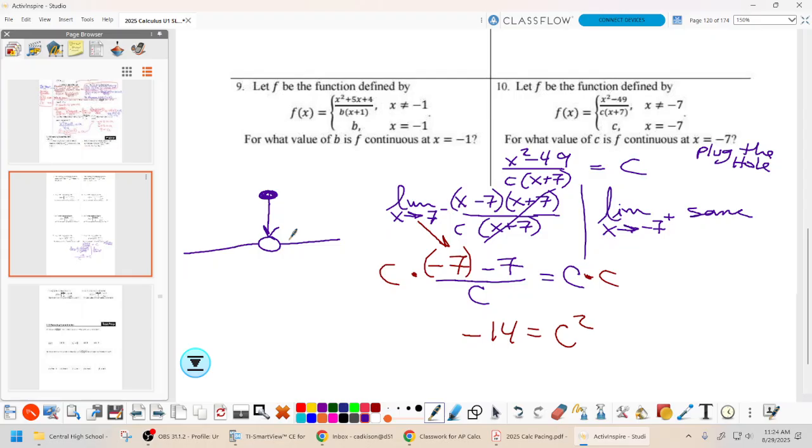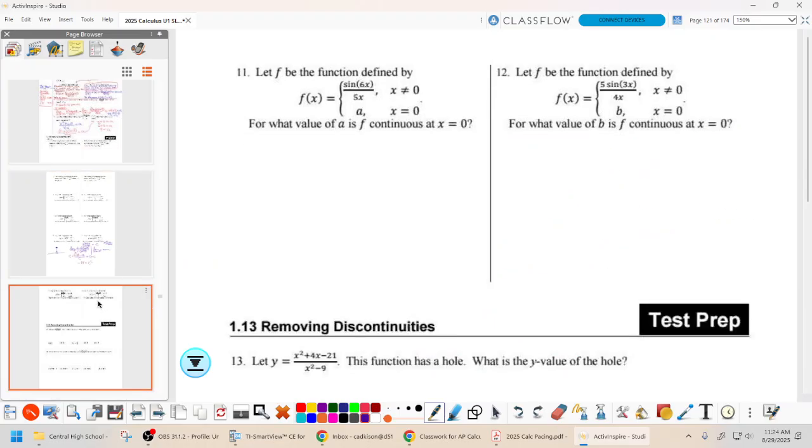Number 12, same page? Same section, I mean? Alright, so same idea, same concept. So we're trying to find the limit, and we're going to 0.